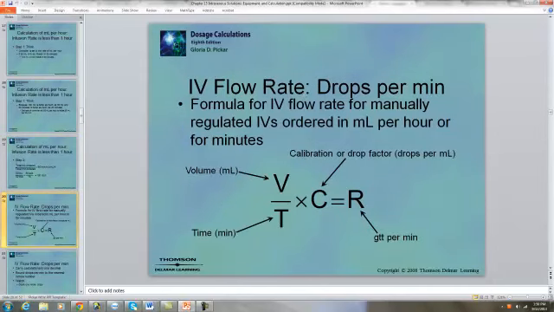If the IV flow rate is drops per minute, the formula for the IV flow rate for manually regulated IVs ordered in milliliters per hour or for minutes is the volume in milliliters divided by the time times the calibration, or the drops per milliliter, and that gives you your rate per minute.